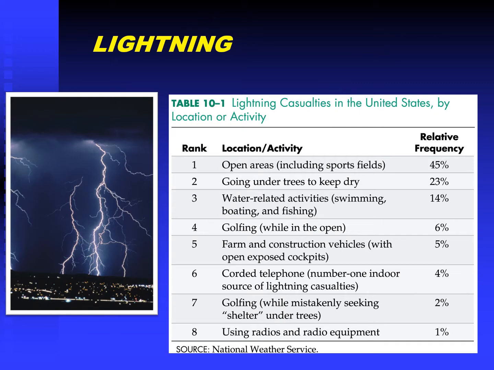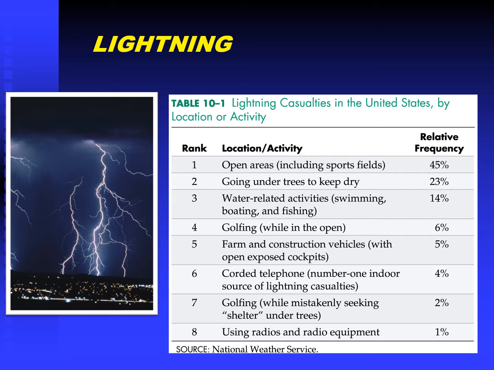Okay, lightning. I recommend maybe pausing on this slide and reading through this. We might just go through this a little bit, but this is lightning casualties in the United States by location or activity. Okay, so open areas. Open areas are dangerous places to be when there's a lightning storm.